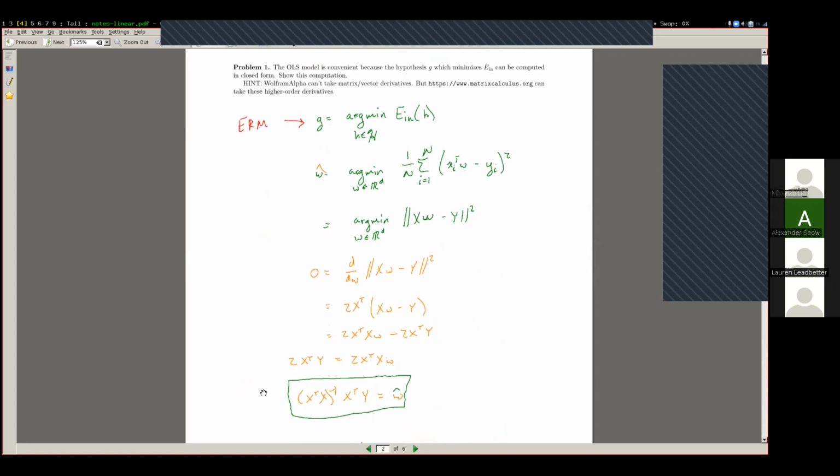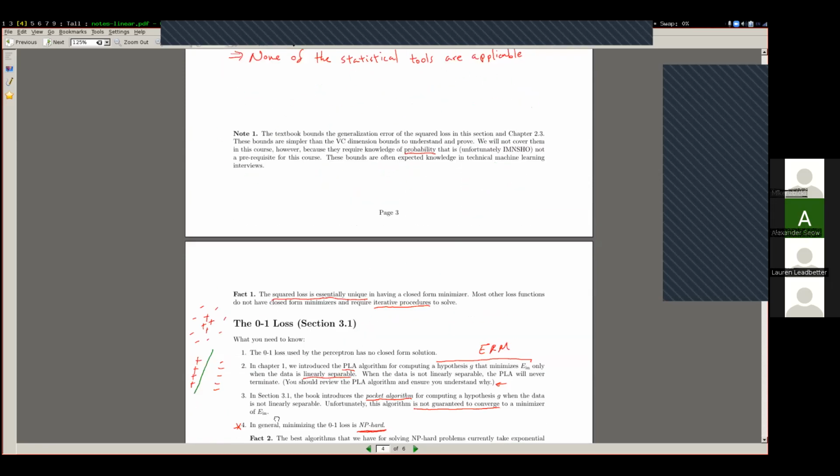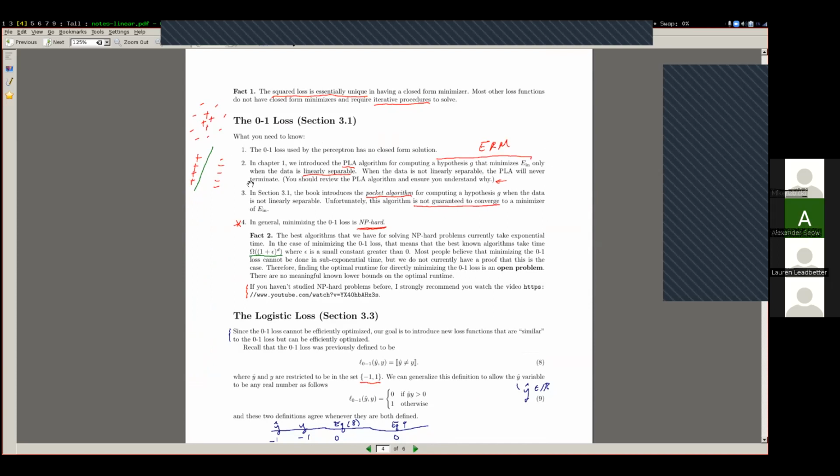Squared loss is in particular used for regression problems, but the focus of this class and the focus of the VC dimension has been on binary classification problems. And with the binary loss, the 0-1 loss, we said that that's intractable to compute, that it's this NP-hard thing.